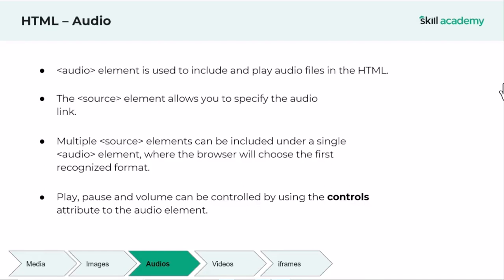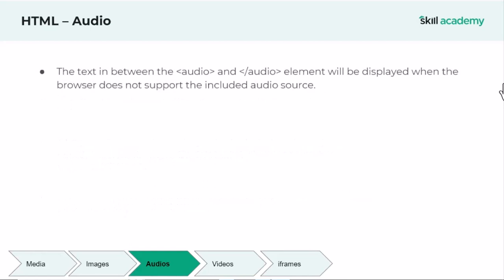So guys, in audio, we have one of the most important attributes, and the name of that attribute is controls. This controls attribute will give you play and pause buttons for your audio files. If you use controls in the audio tag, it will provide you play and pause buttons. Practically, I'll show it to you.